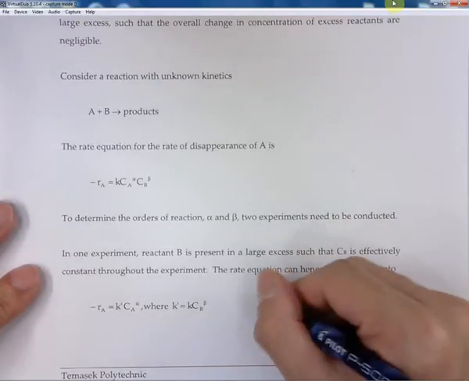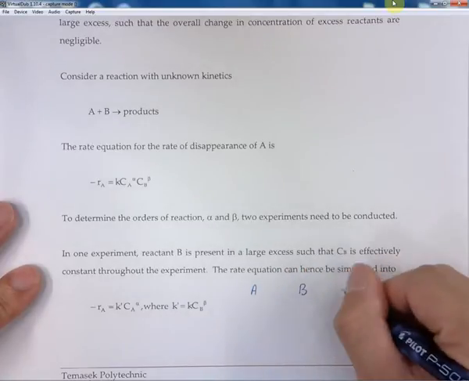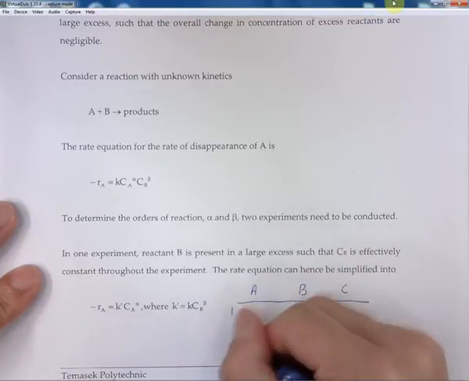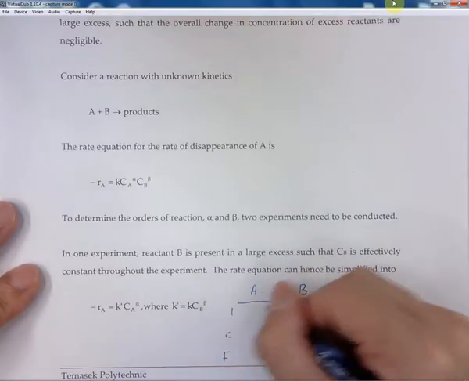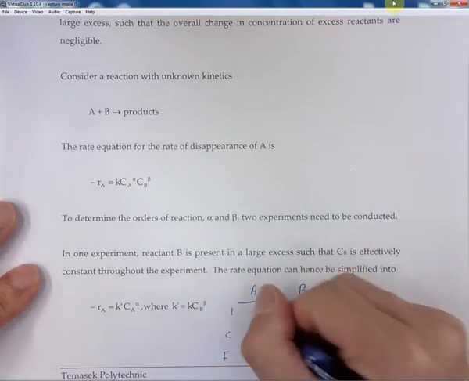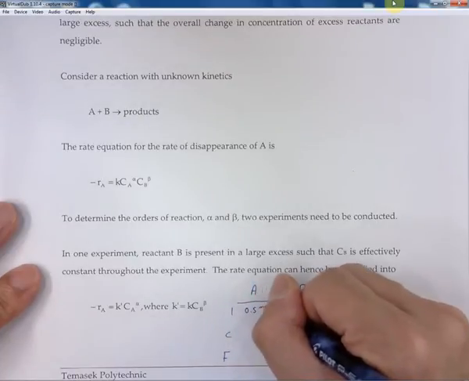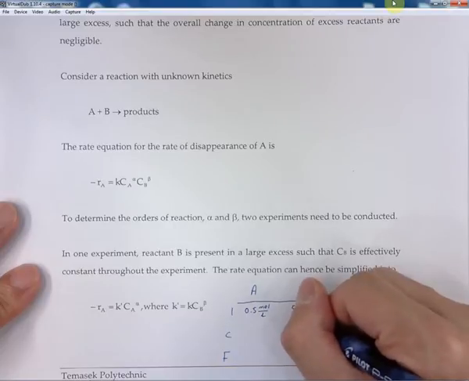For instance, let's say A and B give you C, and we do an ICF table. Say B is in great excess. A is, for instance, 0.5 mole per liter, and for B we can put 50 mole per liter.